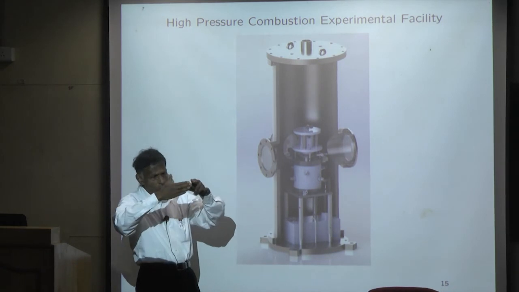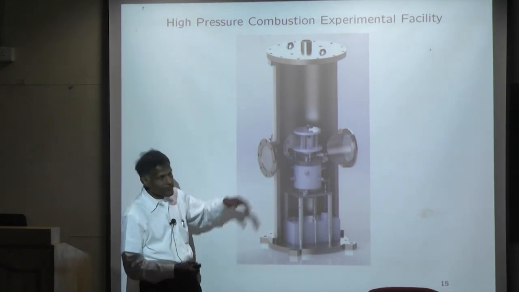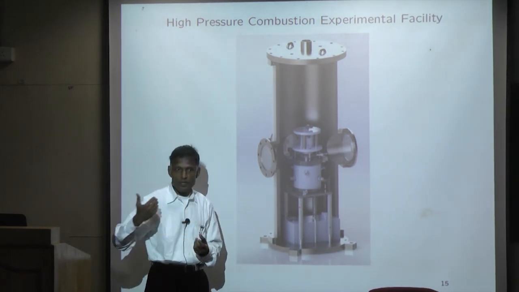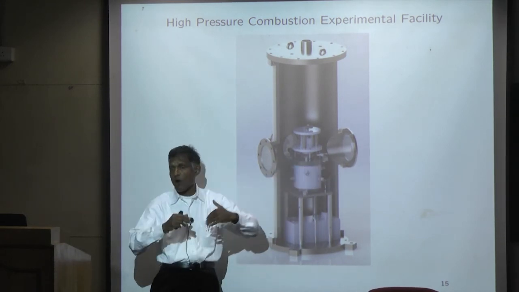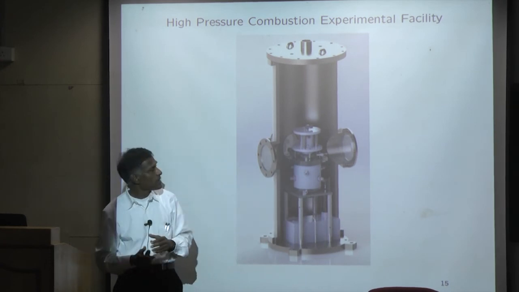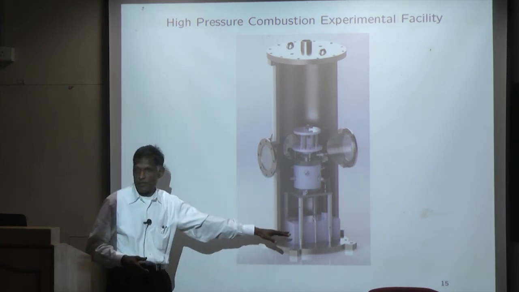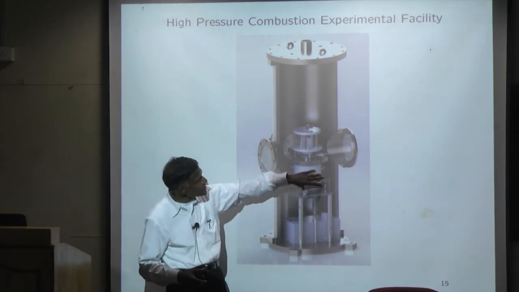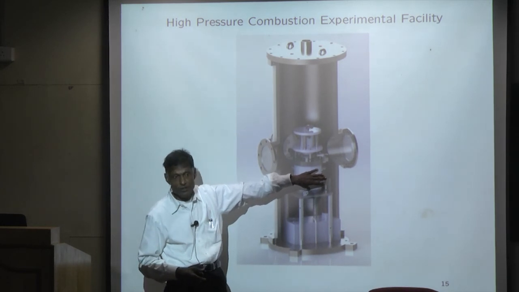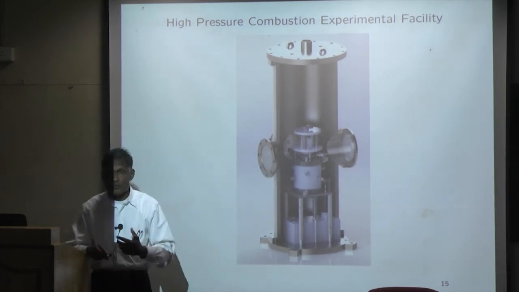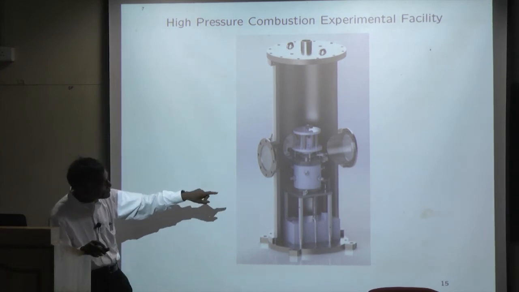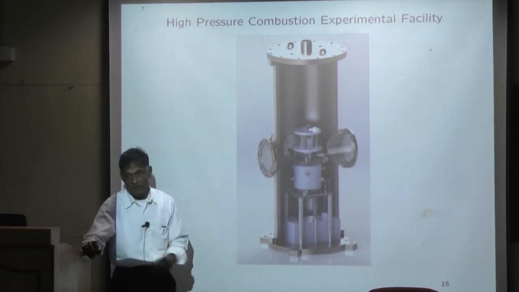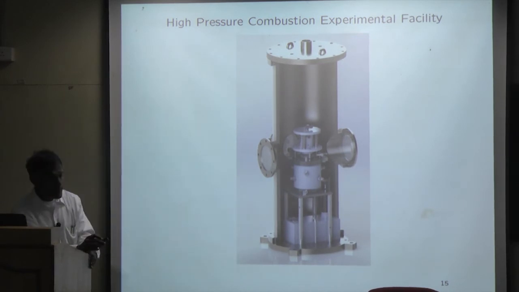Because we take all the products out, none of the mirrors get fogged because they're almost always very clear, since all the products of combustion are removed. The entire pressure chamber is pressurized with nitrogen. As I said, we can go up to 25 bars, but this pressure chamber can withstand up to 150 bars.